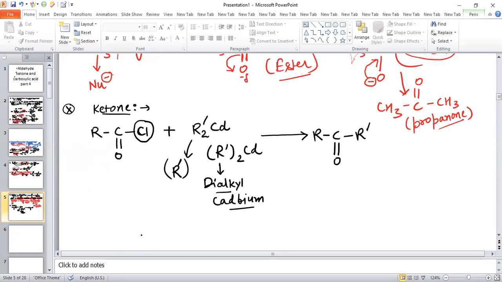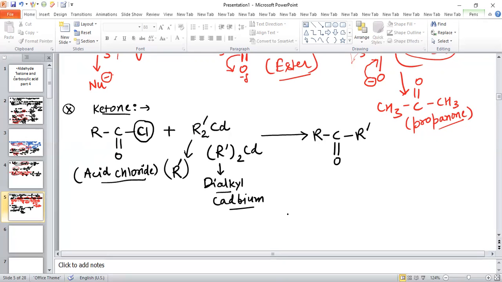Ketone is obtained by using dialkyl cadmium, and this compound is basically acid chloride. It is an acid derivative. Carboxylic acid is RCOOH; the halide is substituted in place of OH, so this is the acid chloride.